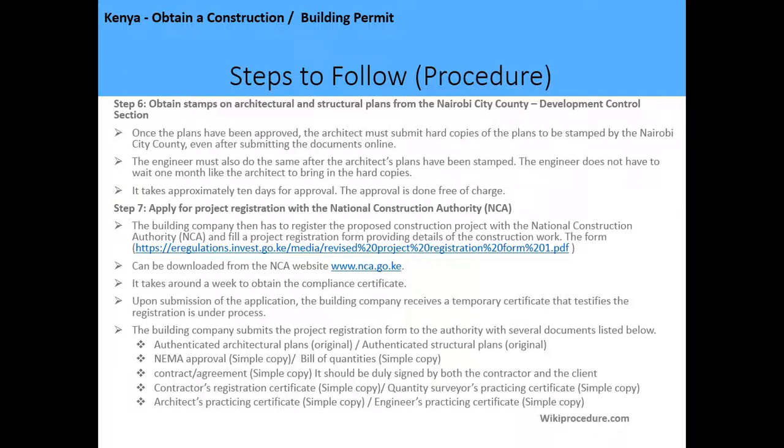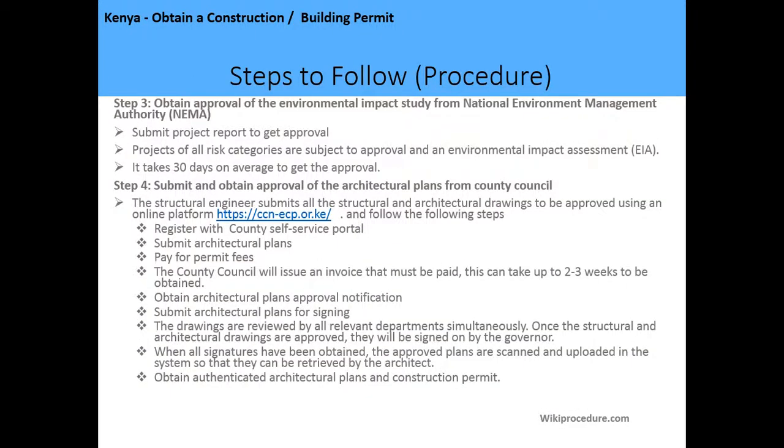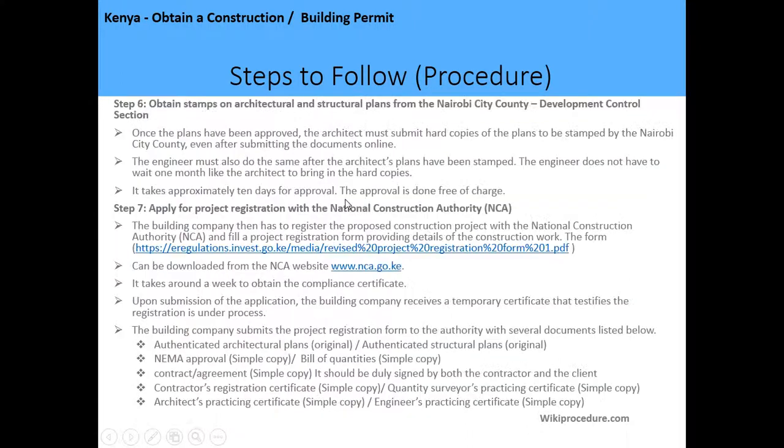The sixth step is to obtain stamps on architectural and structural plans from the Nairobi County Council Development Control Section. So once the plans have been approved, the architect must submit hard copies, and now we are no longer using soft copies as in the fourth step.